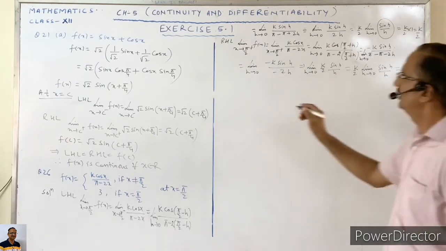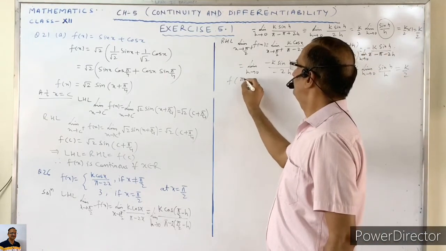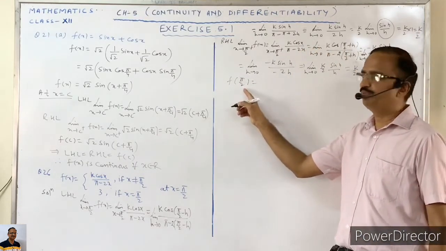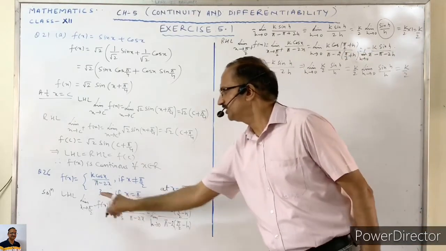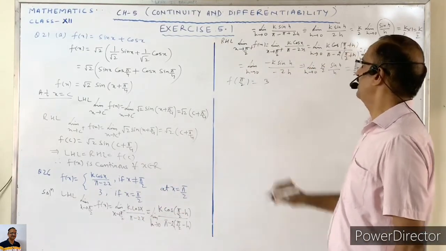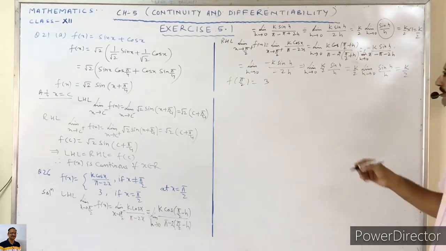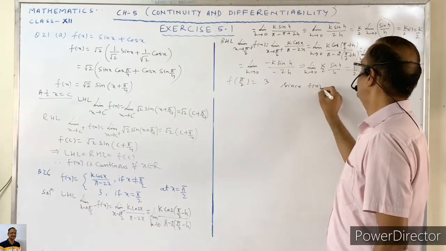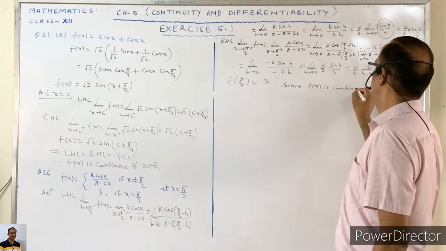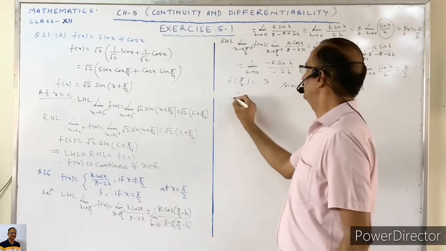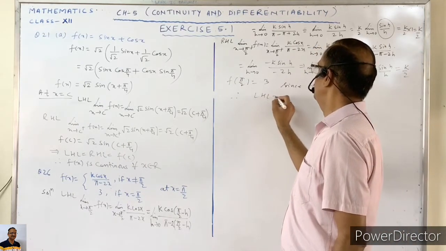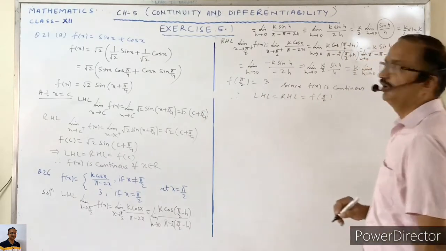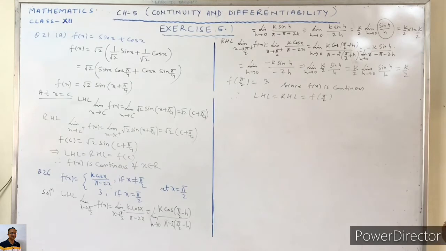Both values are equal. Now f(pi by 2) means when x is equal to pi by 2, then the value is what? 3. So directly we can write 3. Now since f(x) is continuous, therefore left hand limit equals right hand limit equals value of the function at pi by 2.